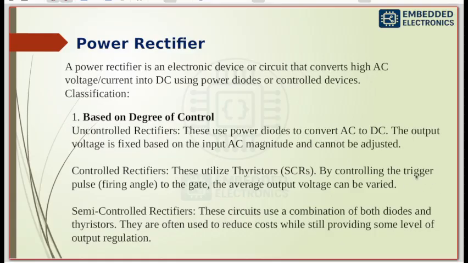By controlling the trigger pulse to the gate, the average output voltage can be varied. Semi-controlled rectifiers are a combination of both uncontrolled and controlled. They are often used to reduce cost while still providing some level of output regulation.